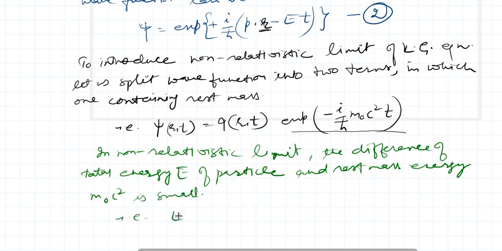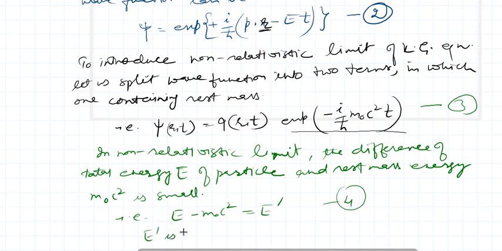In other words, I can say that E prime is equal to E minus m naught c square. Let me call this equation number 3 and this equation number 4.